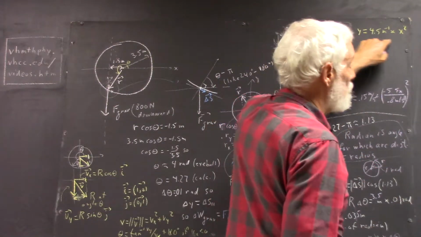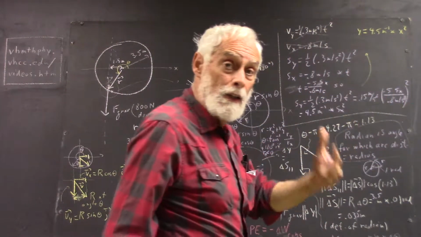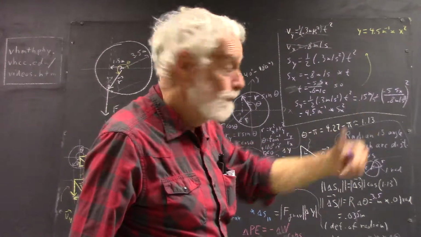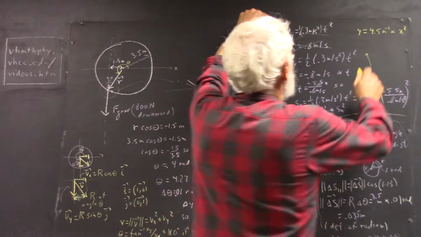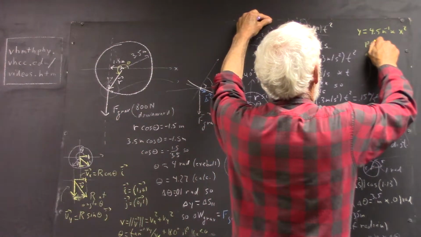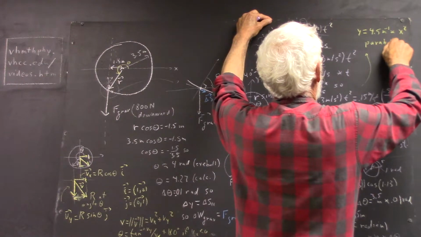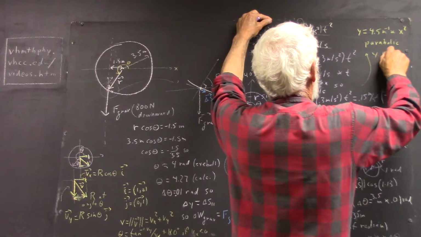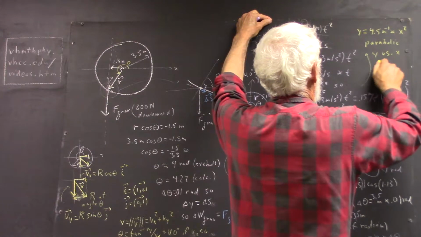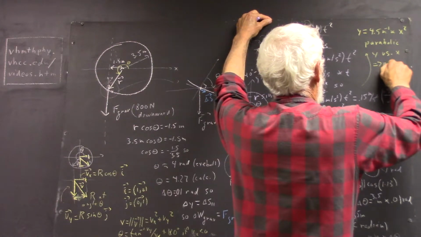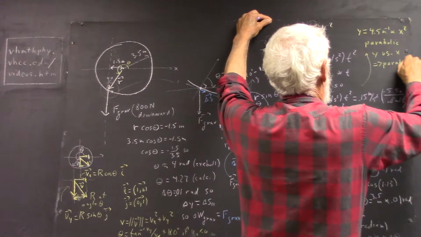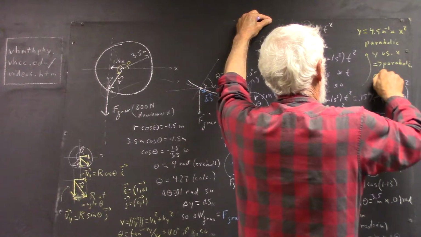That's y equals a constant times x squared. That's a parabola, okay? So we have a parabolic y versus x. A parabolic path.